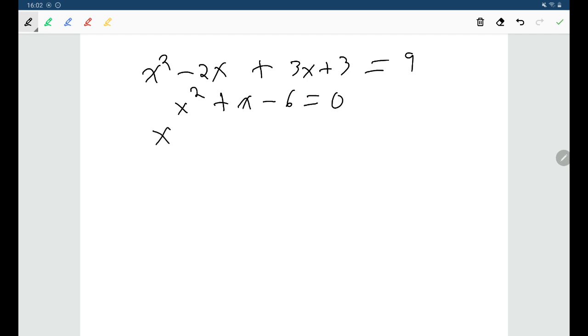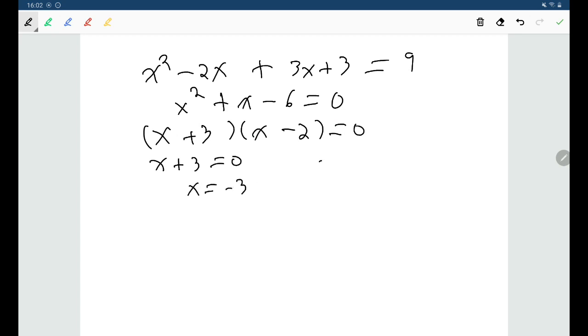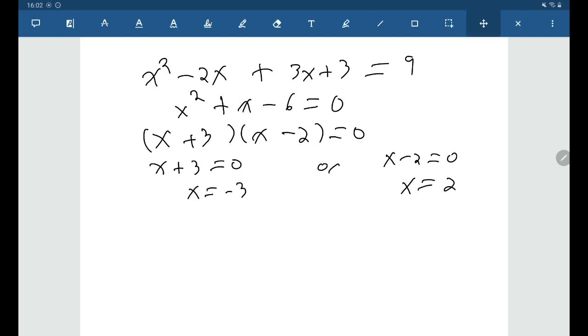And I can solve by factoring or however I'd like. And I'm going to solve by factoring because that's easy enough for me to do here. x plus 3 is 0, or in other words, x is negative 3, or x minus 2 is 0, and therefore x is 2.